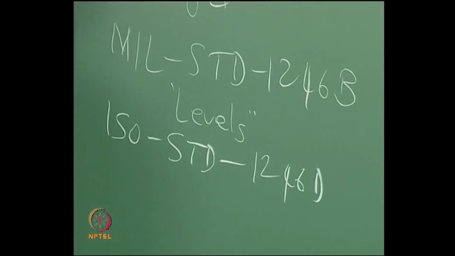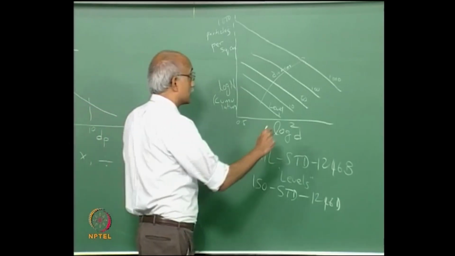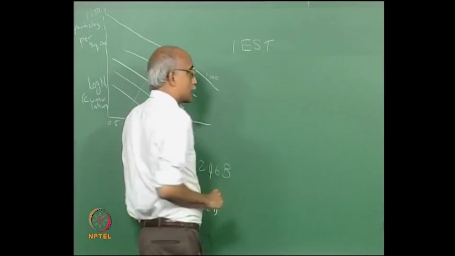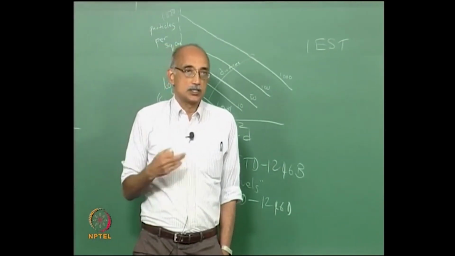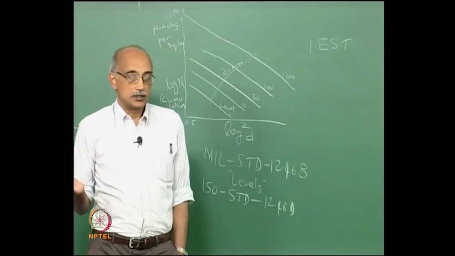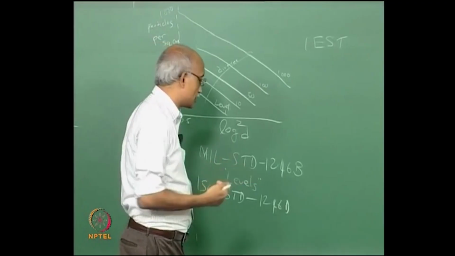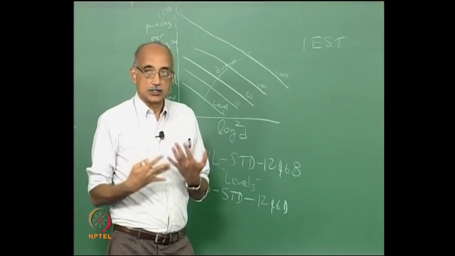Essentially there is an organization called the Institute of Environmental Sciences and Technology, IEST, which has been given responsibility for taking these existing standards from various industries, aerospace, semiconductor and so on, and merging them into one universal standard.